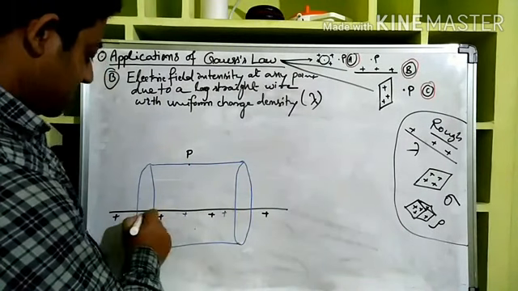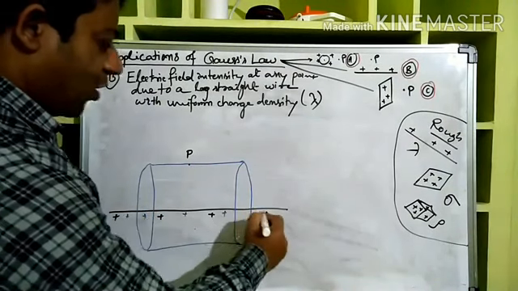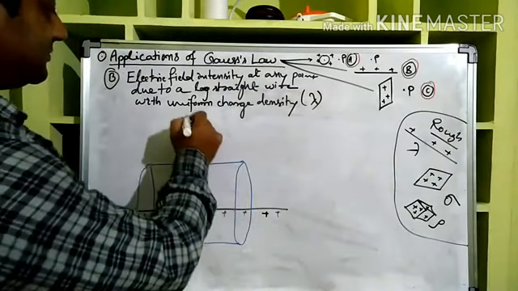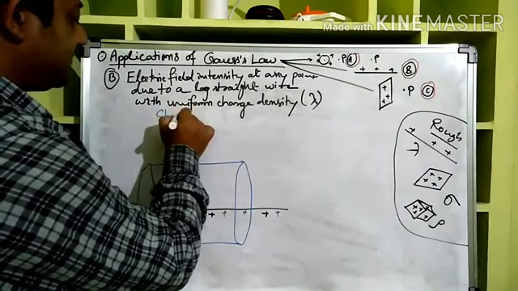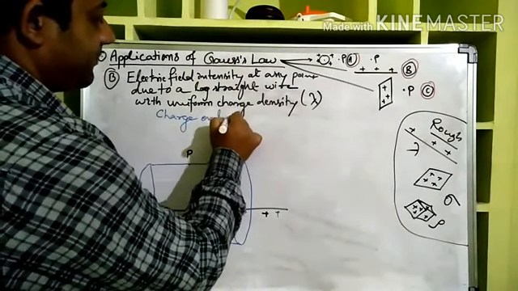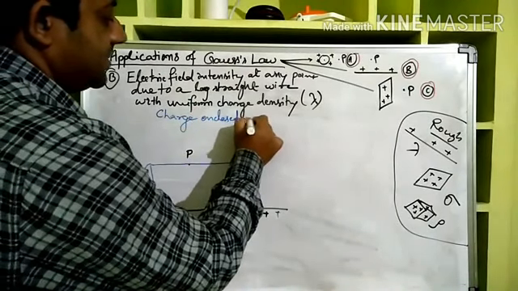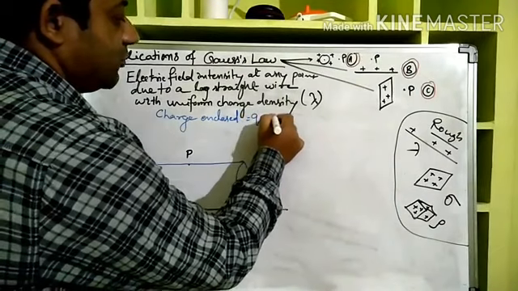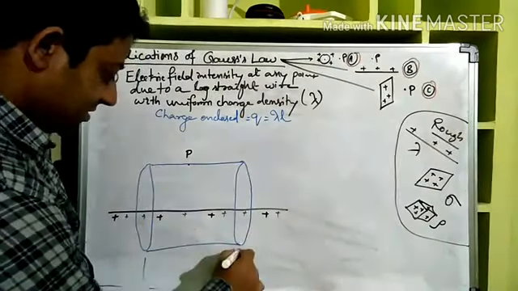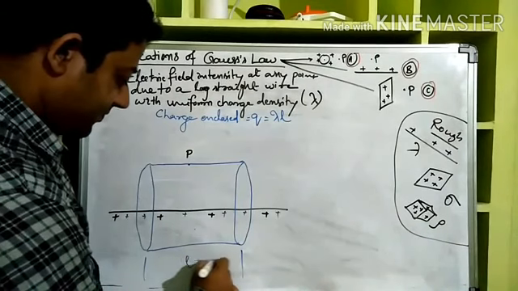Okay, we have imagined it. Now, how much charge is enclosed in the cylinder? Charge enclosed is equal to, let us say, Q. Don't you think that is equal to lambda into L, if L is the length of the cylinder?